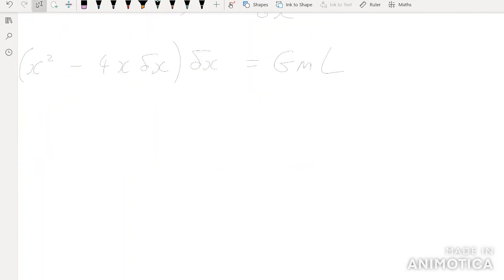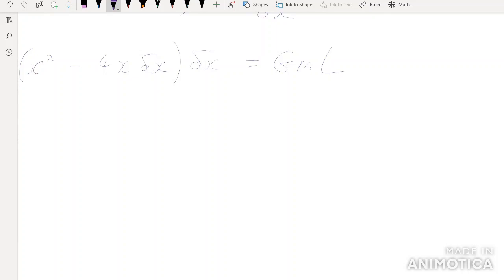Now, this is important. This is why I said you don't just get rid of delta x squared. You don't just kill that, because that's not allowed. You can only get rid of delta x over x squared or delta x over L squared. So here we have, and this is clearly important for this question, we've now got this. I'm going to do a bit of rearranging. I'm going to expand it out and divide through by x.